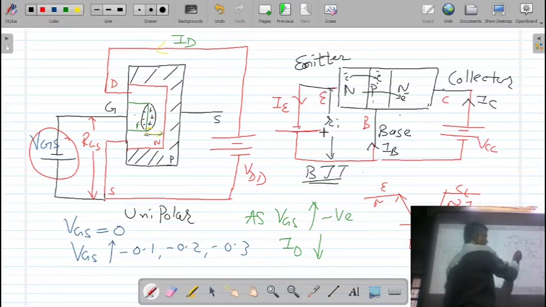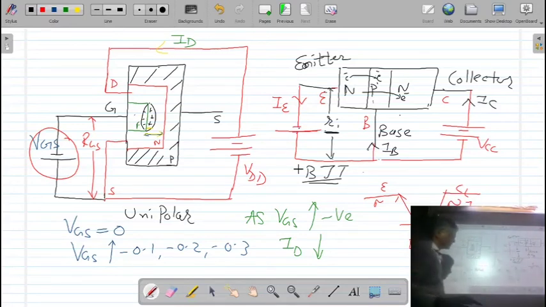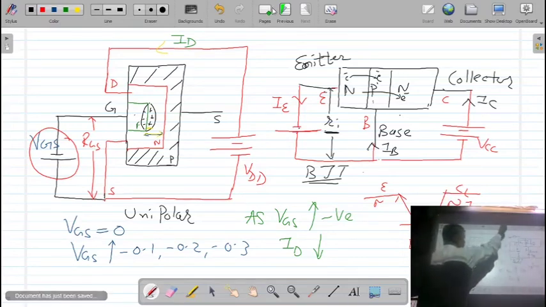As this is in forward bias, input resistance is low. This is a current operated device. Second, both types of charge carriers are used for the conduction. From this discussion, we will see the difference between the bipolar junction transistor and the unipolar junction transistor.